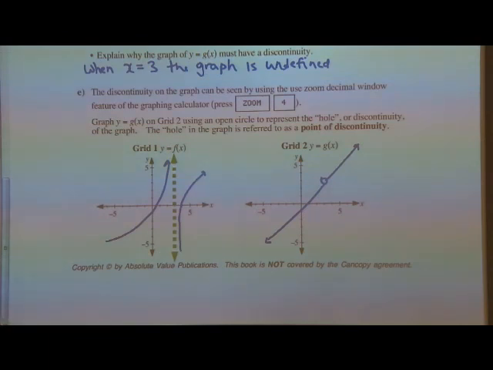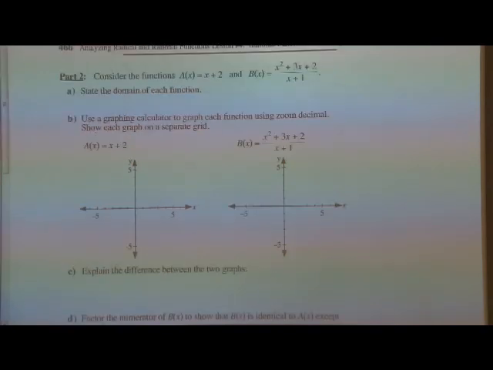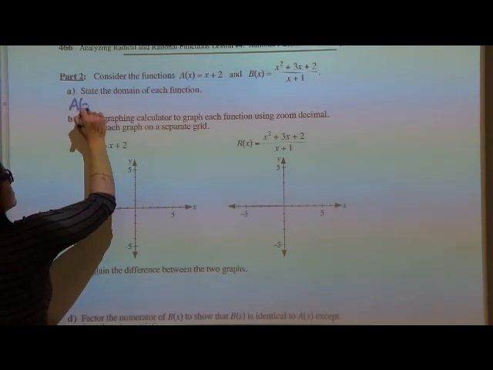So let's look at another example. If we have the function a of x, which equals x plus 2, and b of x, which equals x squared plus 3x plus 2 over x plus 1. What is the domain of a of x? What are my possible x values?